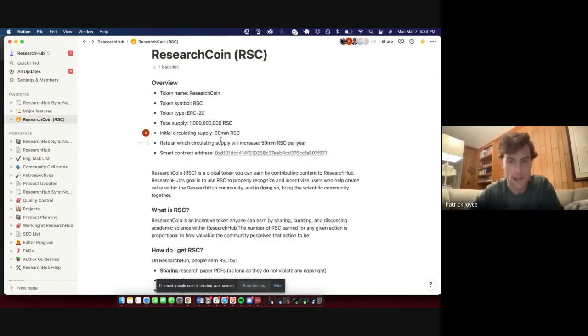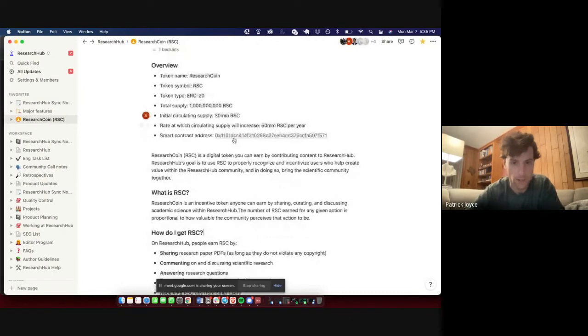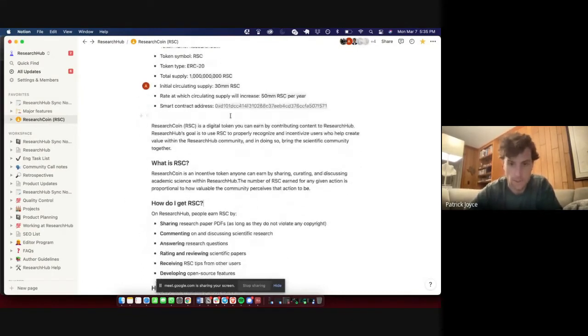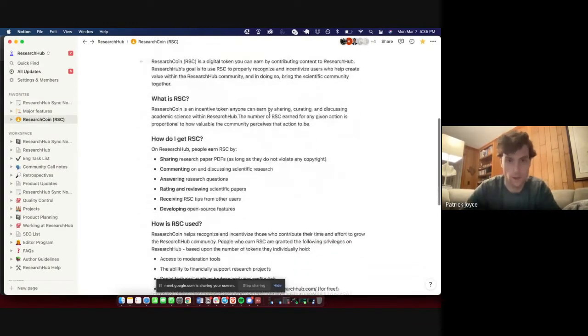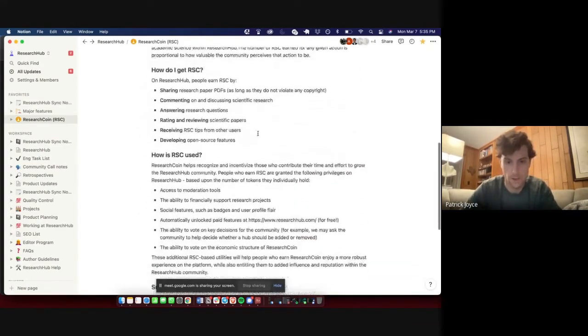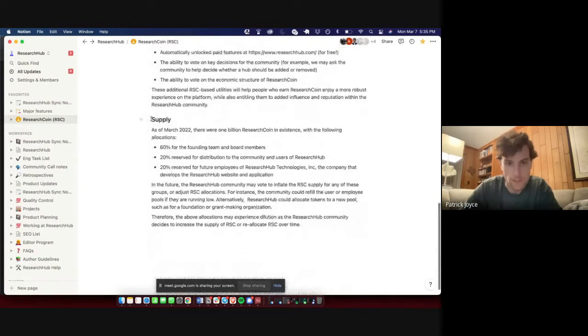We plan to add 5% of RC per year to be distributed either through rewards on the app or for performing services for the community, for instance completing bounties to post papers on Twitter or something like that. Here's the smart contract address if anybody wants to go on Etherscan and look it up. This is stuff everybody knows here, just overviews of ResearchHub and ResearchCoin. And so this is the important information here.